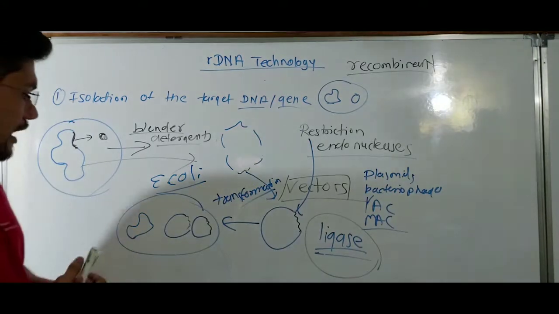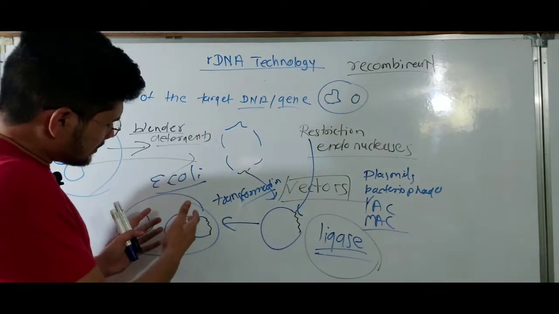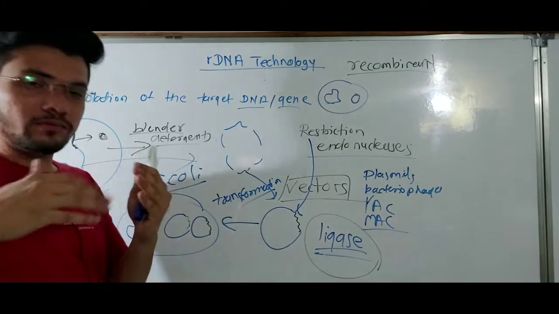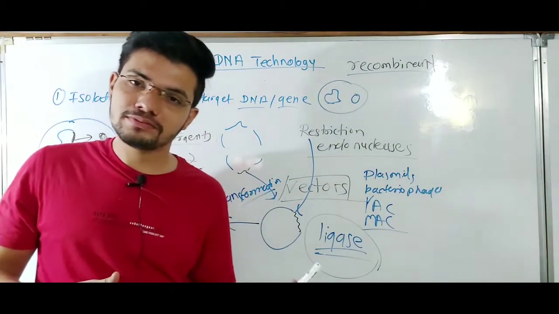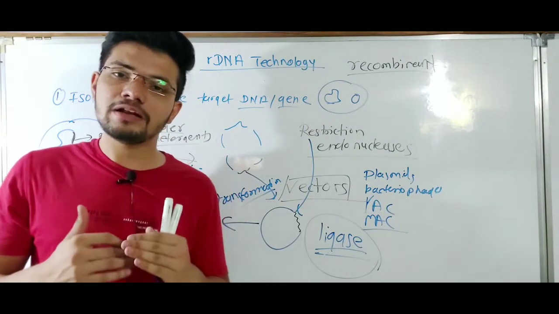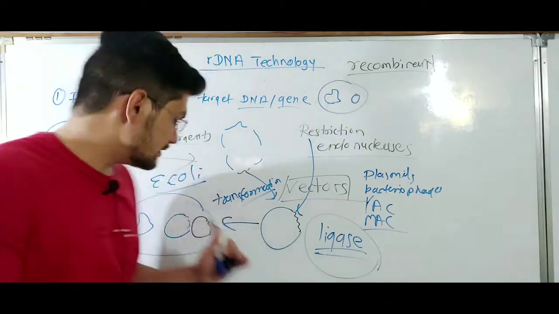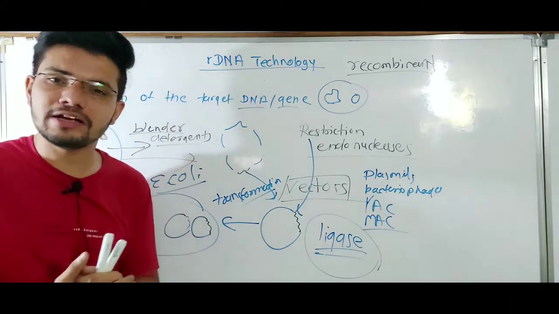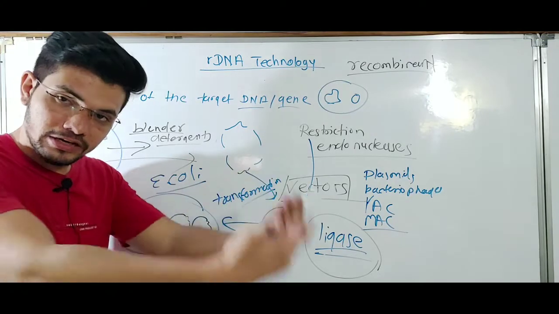So what is going to happen next? We know that from DNA, proteins are made in the central dogma process. With the help of transcription and translation, this DNA will be transcribed into mRNA, and the mRNA will be translated into proteins.